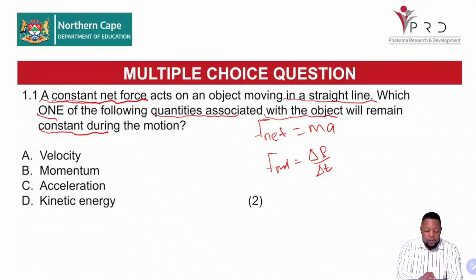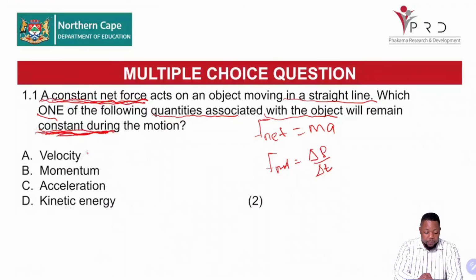The net force is constant, and we want the physical quantity that should remain constant during the motion. Now, we have velocity here as an option. We have momentum, we have acceleration, and we have kinetic energy.